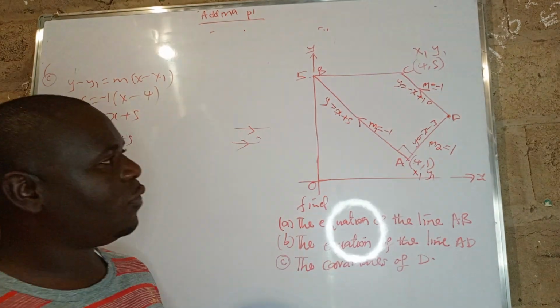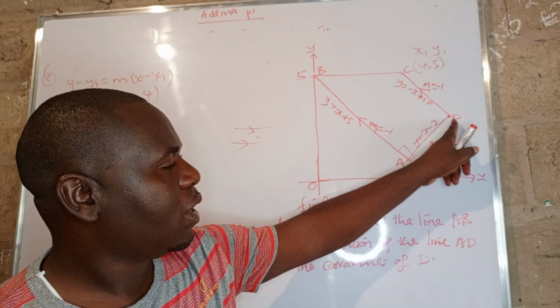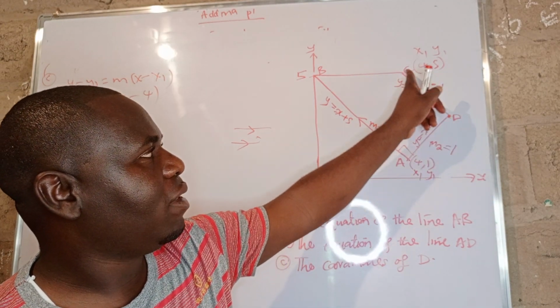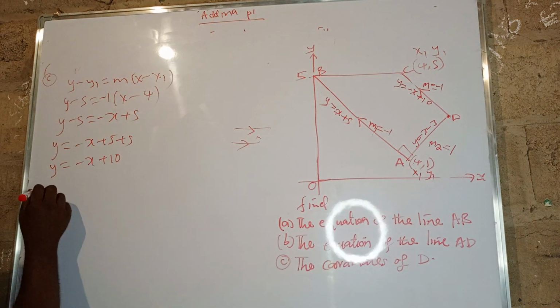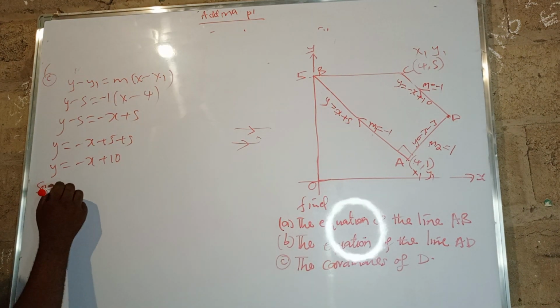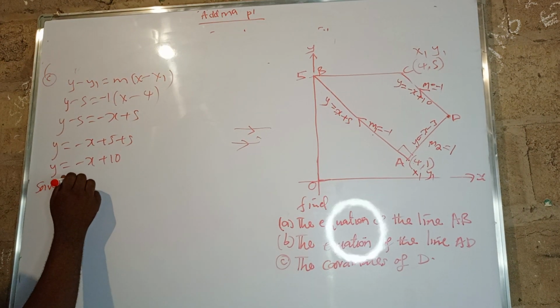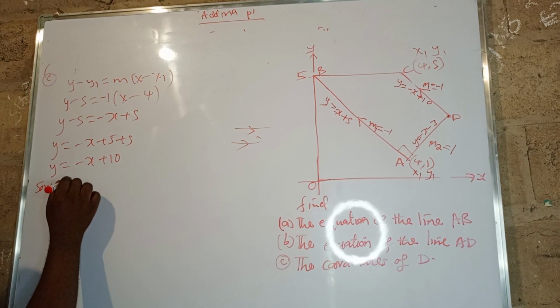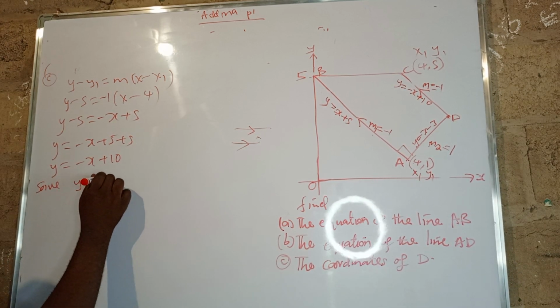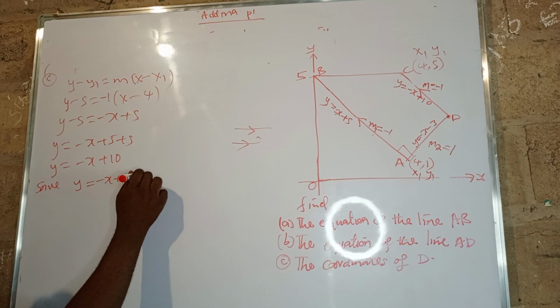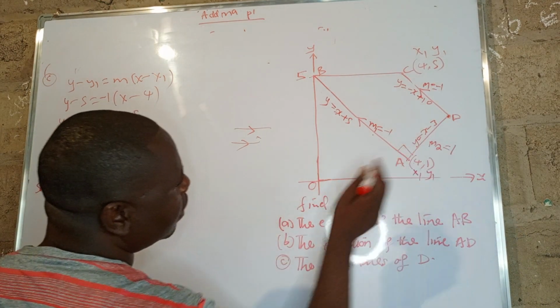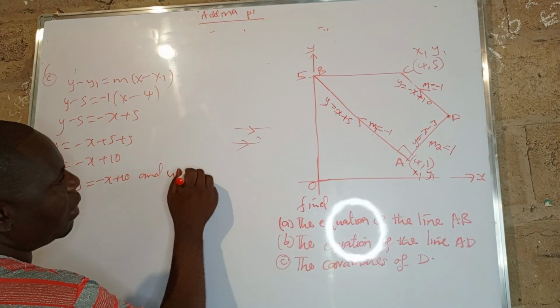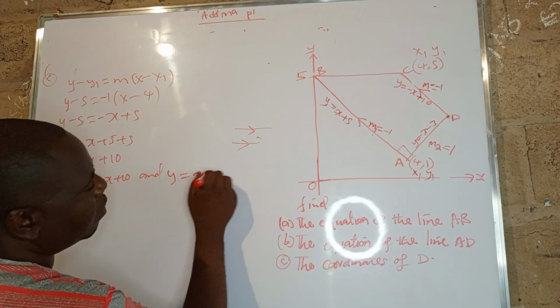Now, for me to find the coordinates for point D, I need to solve simultaneously this line and this line. So I'll solve simultaneously y is equal to negative x plus 10, and this line, which is y is equal to x minus 3.